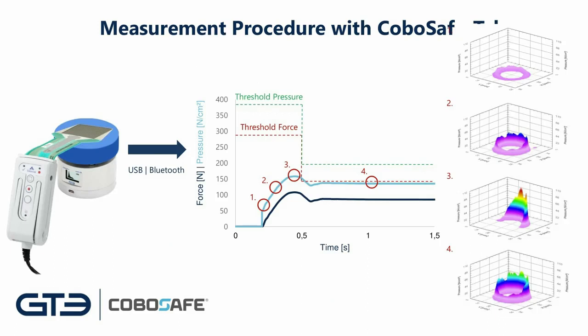And with your mouse cursor, you can view the pressure distribution at any time during the measurement. So you can have a closer look here at the pictures on the right side. So again, I also have a short video for the measurement procedure with the CoboSafe Tech system.